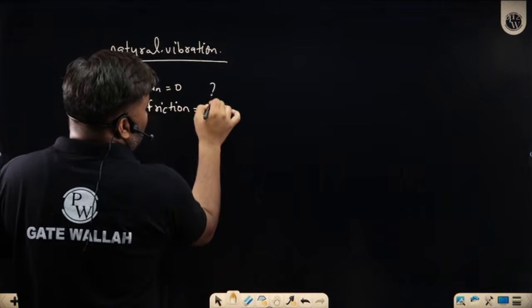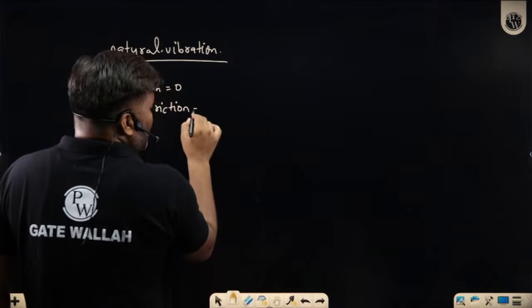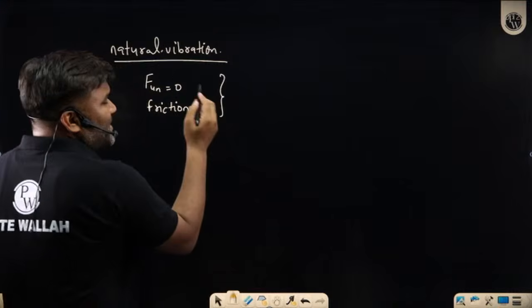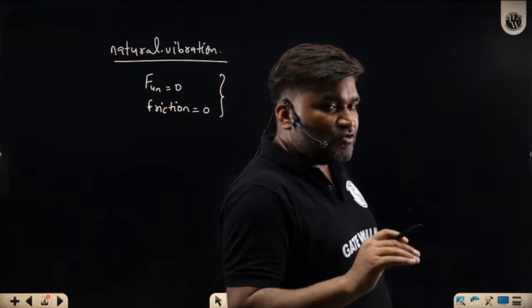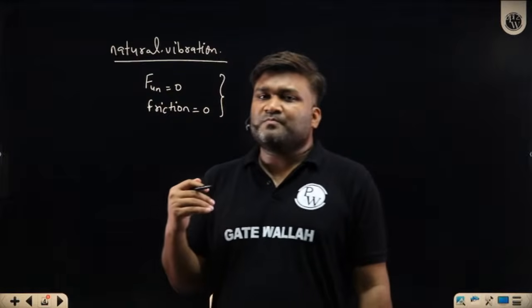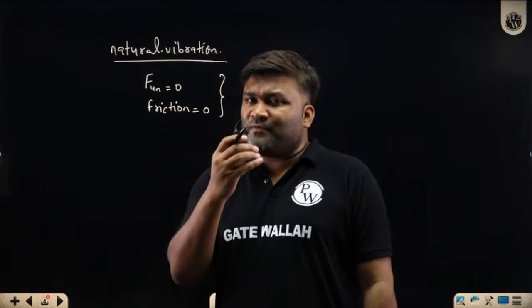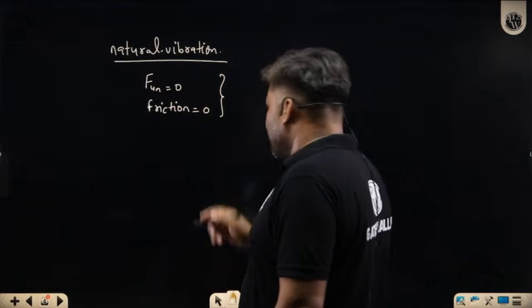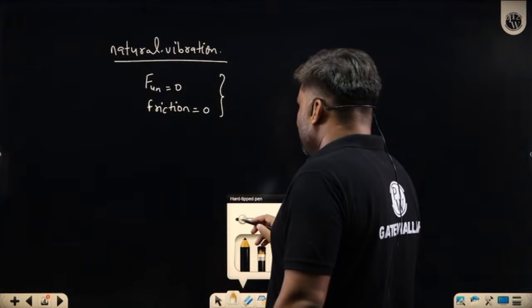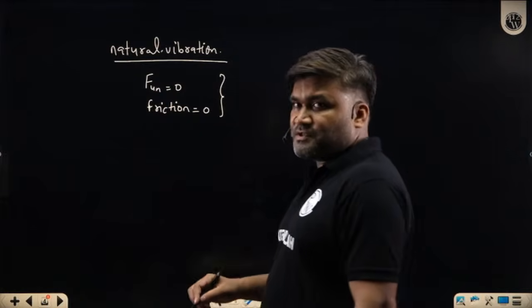This is never found in reality. Why? Because if you want to see this kind of vibration, I will say make friction 0, which is not possible. You can reduce friction, you can make friction very, very small, but 0 friction is impossible. So this entire thing, whatever we are discussing, is a pure mathematical phenomenon, a hypothetical situation.